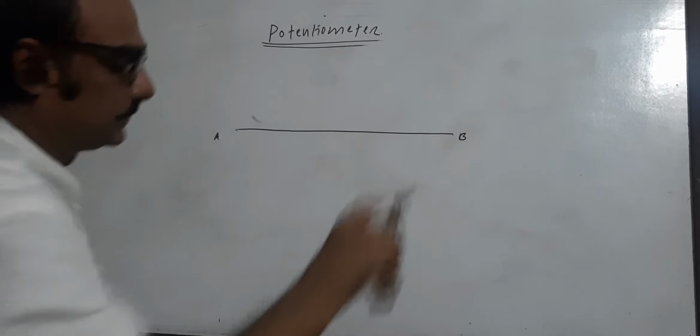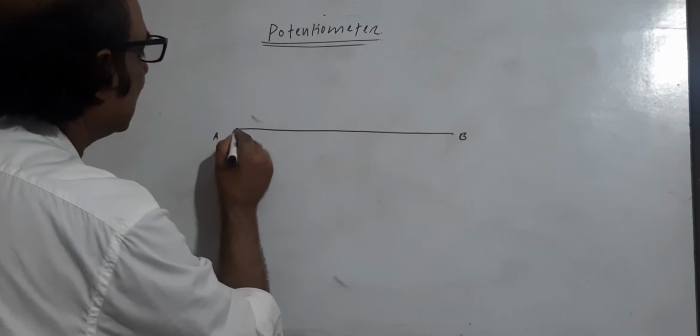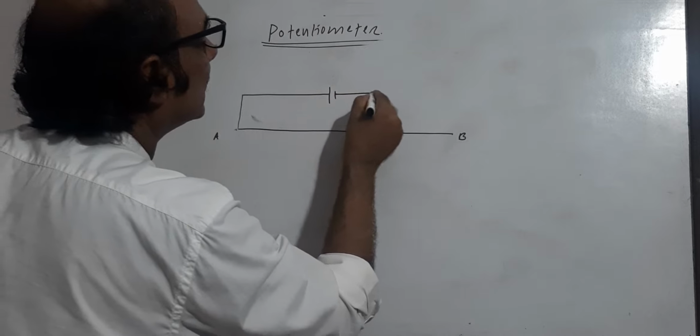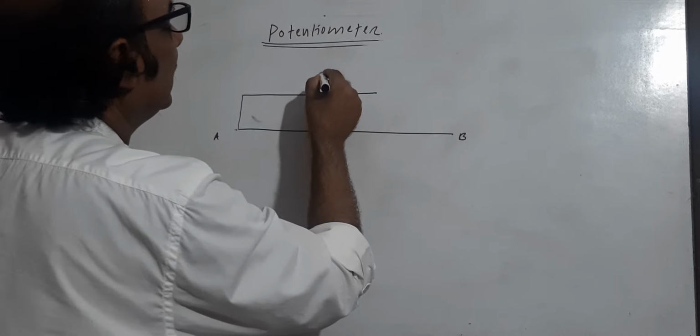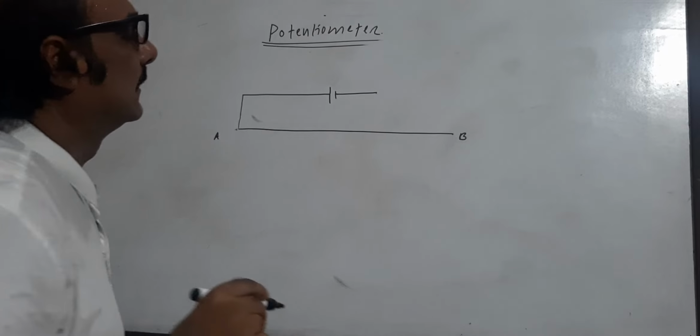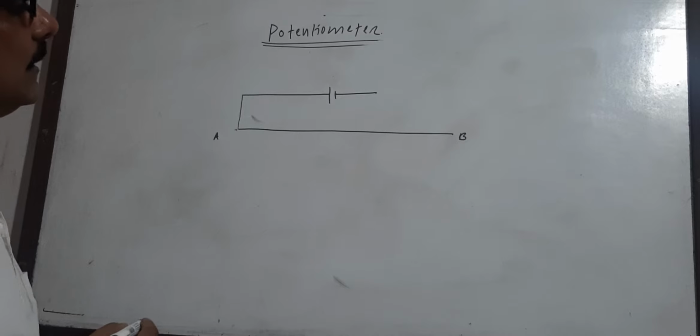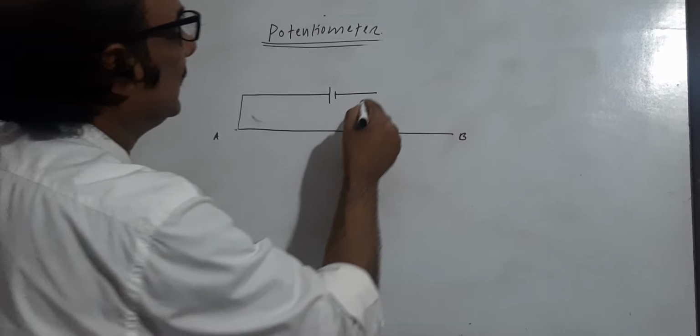Now this is the circuit, consisting of the standard cell which always maintains a constant current in the wire of the potentiometer.